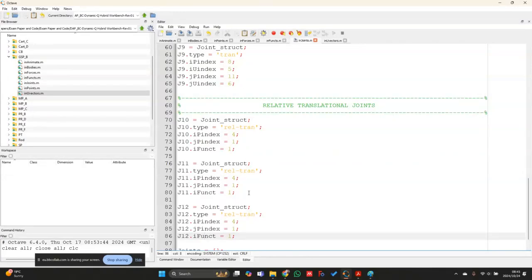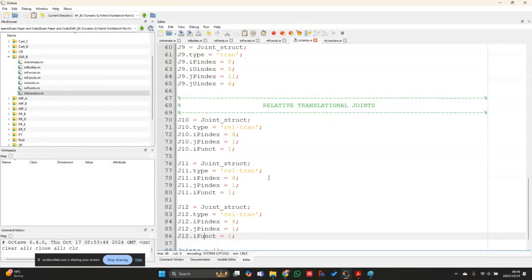So you'll only have the platform body, and then you'll have the relative translation drivers. Reason being, you don't have any bodies that you need to connect to one another. So in that case, the only thing that you'll specify is essentially the 2 points on your platform body and the 3 points on your grounded revolute joints. And then you, in any case, use IP index, JP index, and ifunct to put in those relative translation drivers.